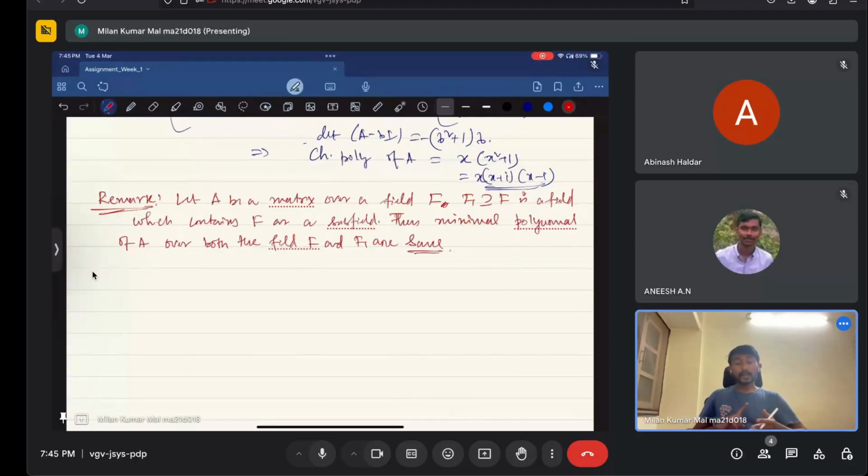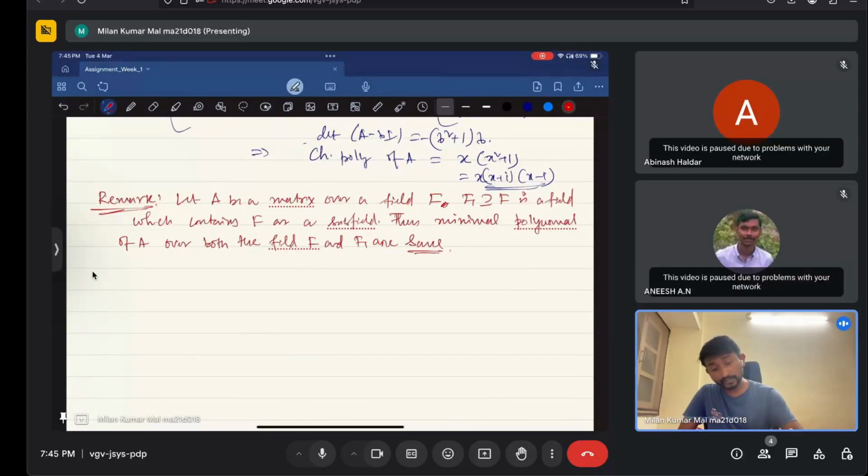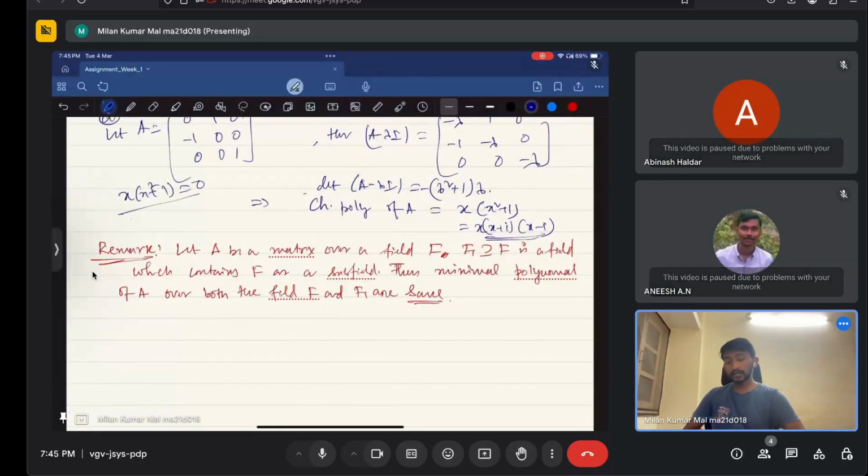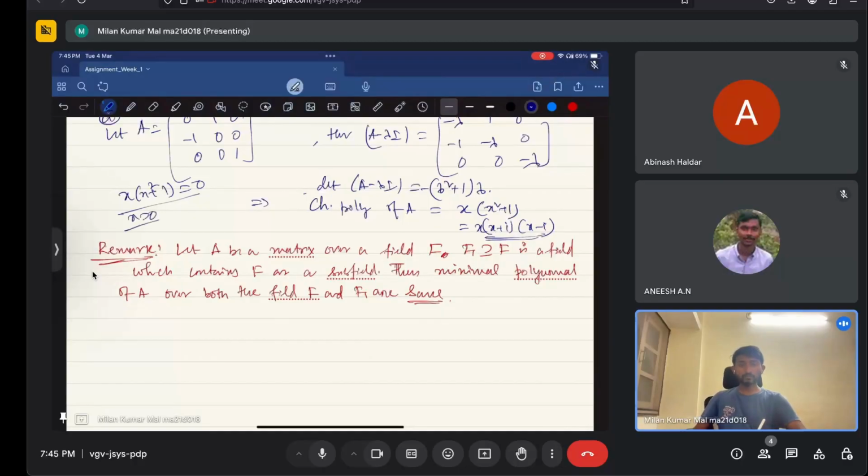Note that the characteristic values may change because, for example, in this particular case the characteristic polynomial is x times (x square plus 1). If we consider x equals 0, it is an eigenvalue, and that is the only real eigenvalue. But x equals plus or minus i are also roots of this polynomial equation, but they are not eigenvalues when we are considering this matrix over the real field.